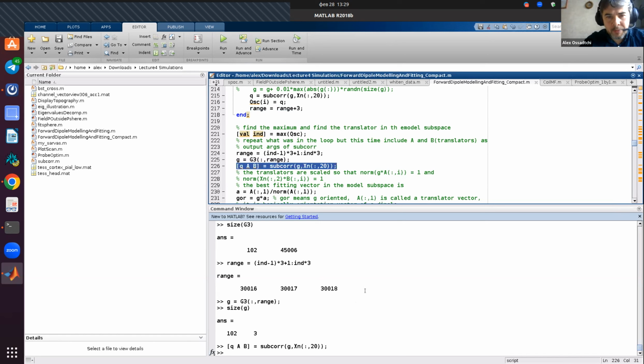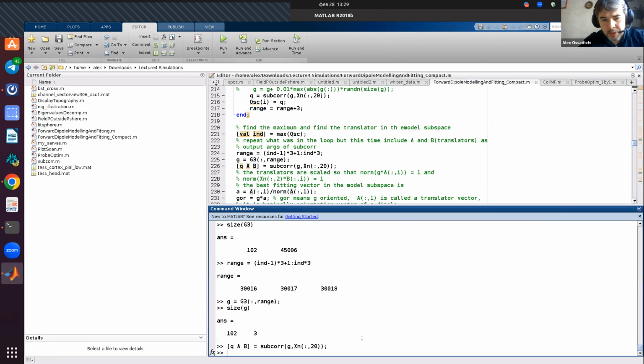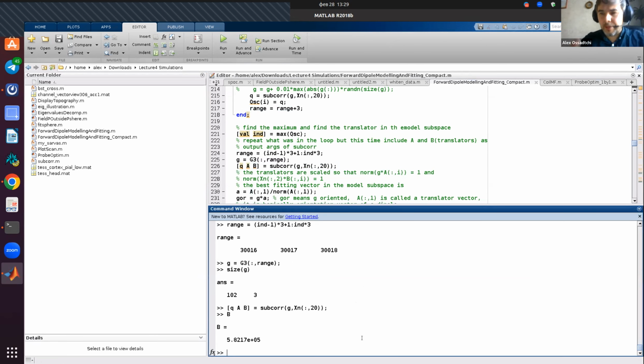And then I'm doing a subspace correlation, but a little bit more elaborate subspace correlation because I have two other outputs here, A and B. Well, B is not very informative. It's just a number. But A is the so-called translator.